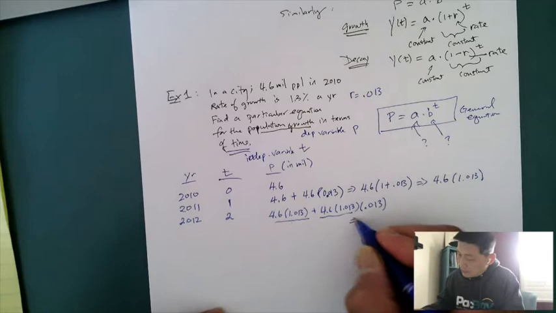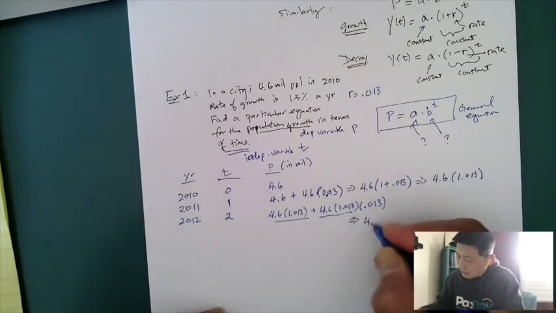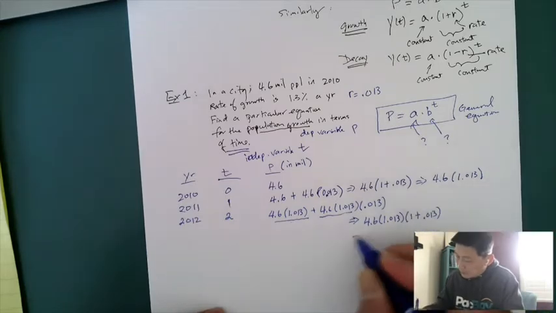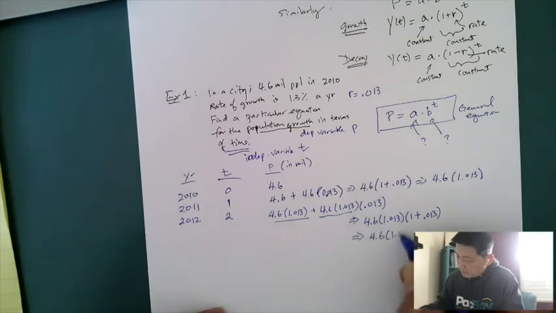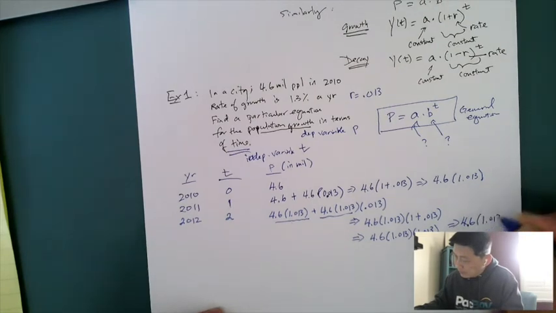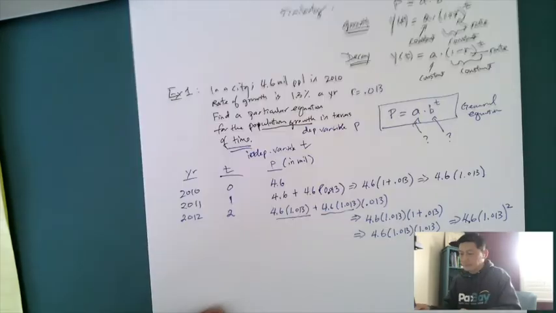Then you end up with 4.6 times 1.013 times 1 plus 0.013, which gives you 4.6 times 1.013 times 1.013, which gives you 4.6 times 1.013 squared.